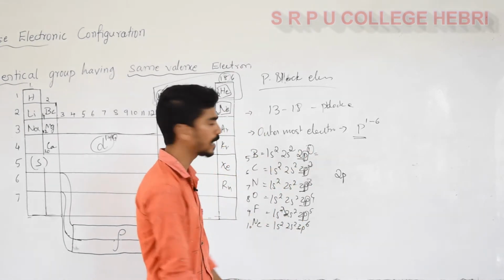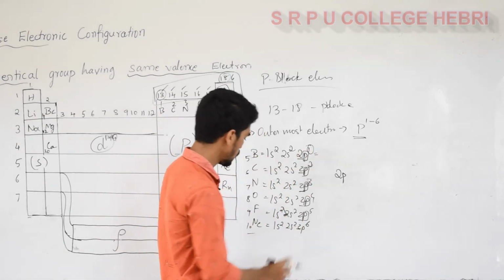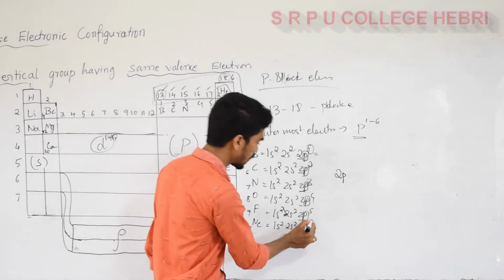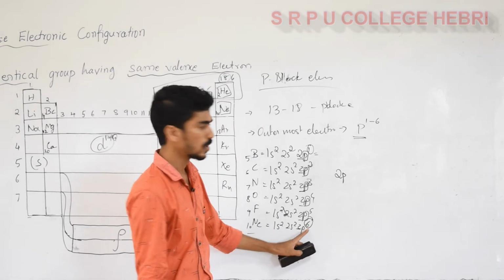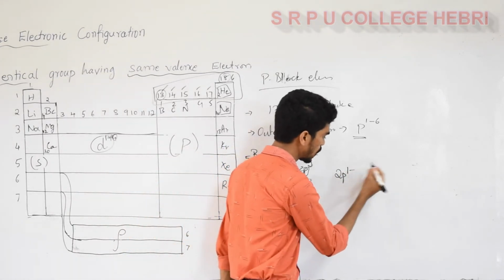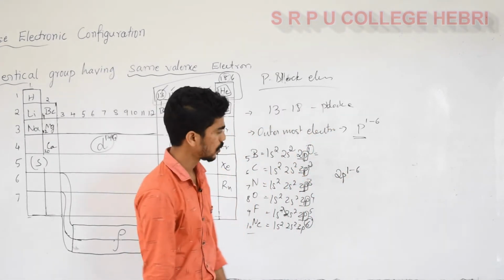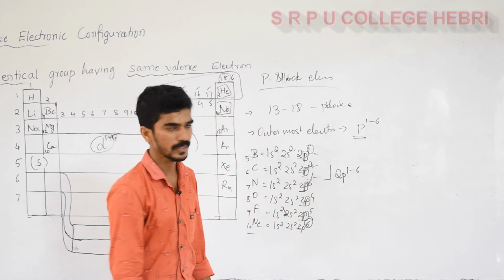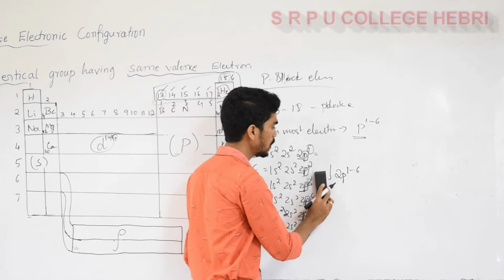Boron is the first element in the P block in the second period, and the last element in the second period, neon, ends with 6. So in the second period, 2p has 1 to 6. Here the inner electronic configuration should be present.